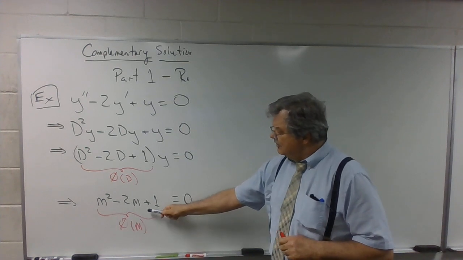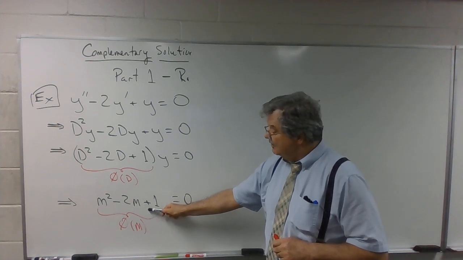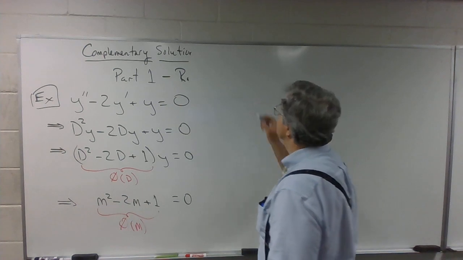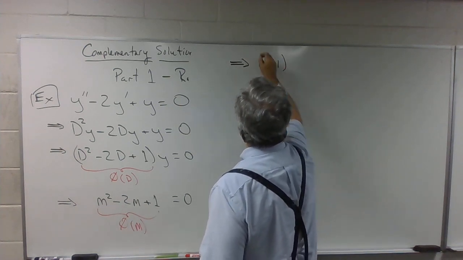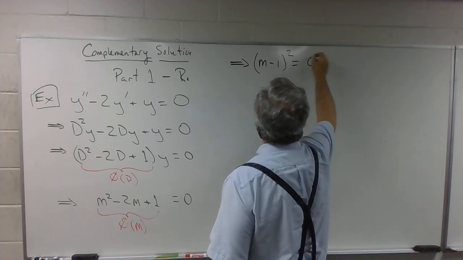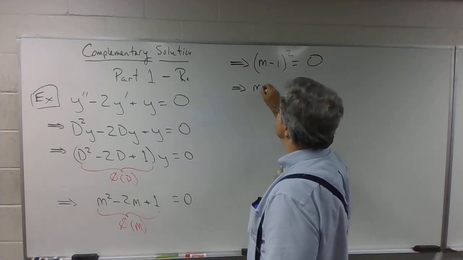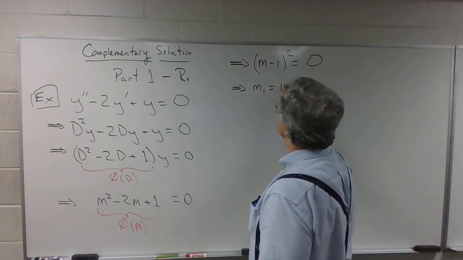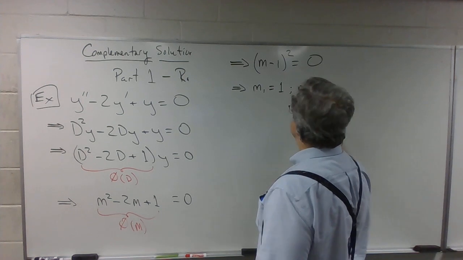When I look at this polynomial, I recognize something right off the bat. This is (m minus 1) squared. And so that yields my solutions: m1 equals 1 and m2 equals 1.